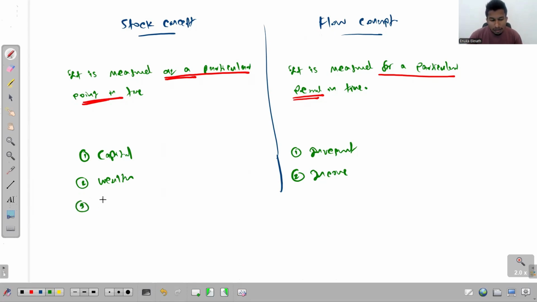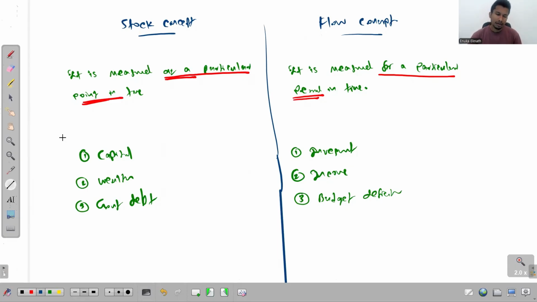Think about government debt, or the public debt. It is a stock concept. Why? Because we evaluate it as at a particular date. And on the other side, for example, the government budget deficit is a flow concept. Why? Because we evaluate the budget deficit for a particular period.